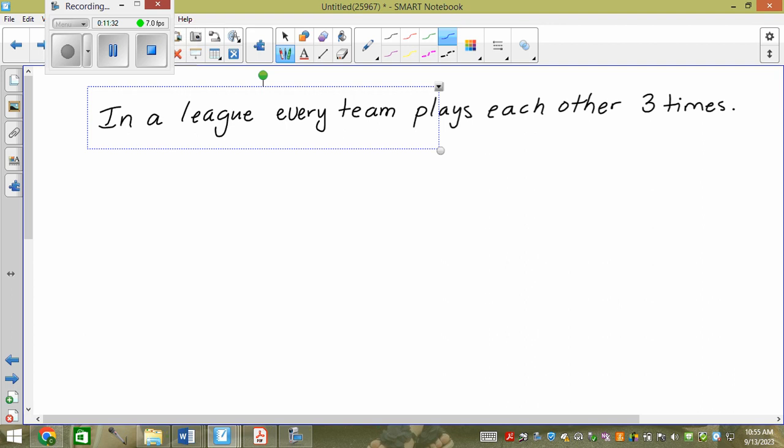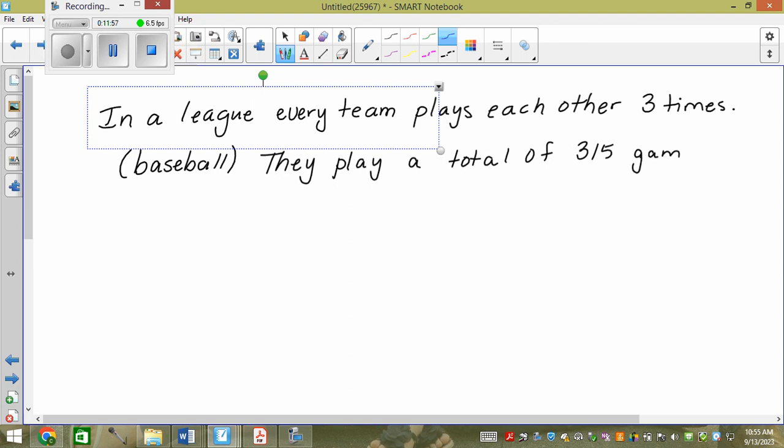I'll say that this is intense. We're going to say that this is a really large baseball league. There's quite a few games. In a league, every team plays each other 3 times. They play a total of 315 games.